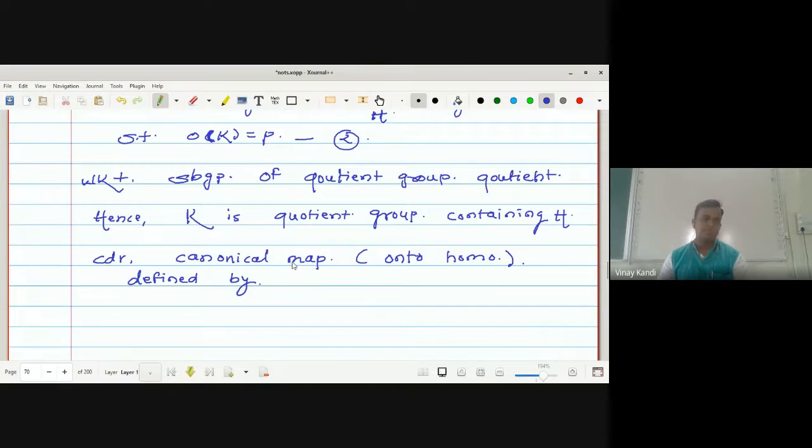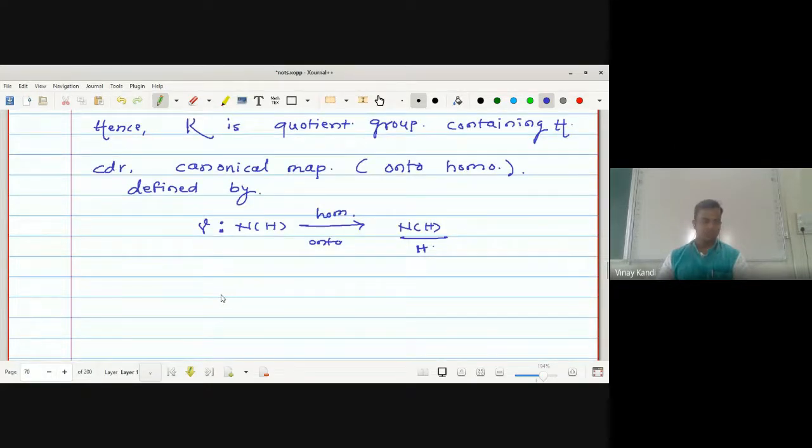Consider one canonical map that is an onto homomorphism, okay, this is sigma, the mapping from normalizer of H to normalizer of H upon H. Okay, this is onto as well as a homomorphism, such that it is defined by sigma of x, for an element x belonging to N of H, is Hx. Okay, this is the nature of our codomain, for all x belonging to normalizer of H. Any doubt?